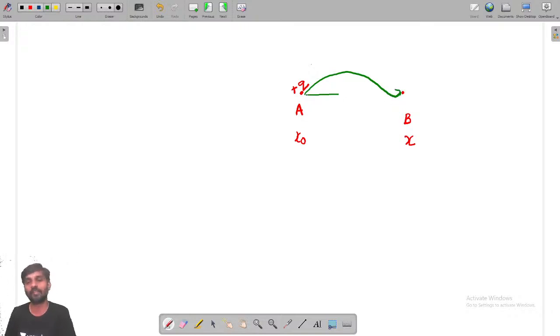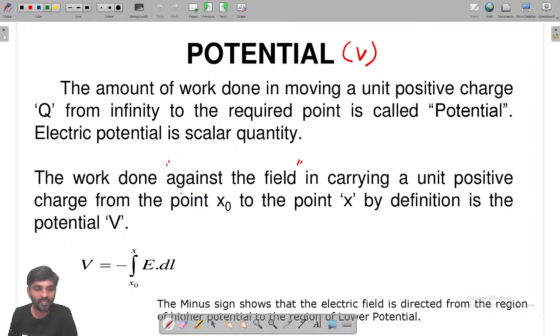Anyway, you can do it like this also, just for the sake of fun. So you are trying to move this positive charge from here to here. And the important point you can see here is, he's saying against the field.